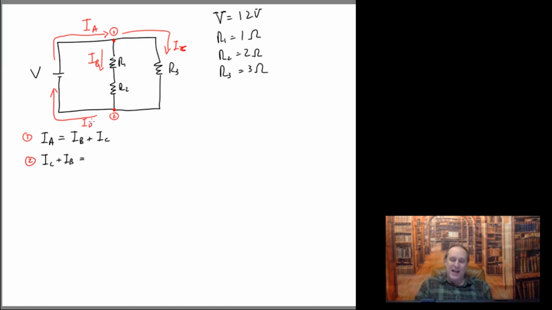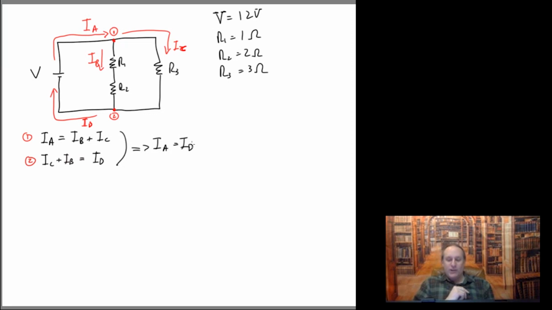We might have called it ID. So if we label things that way, then what we get from the first two junction rules says that IA equals the sum of IB and IC, and the sum of IB and IC equals ID. And so these together would tell me that IA equals ID.